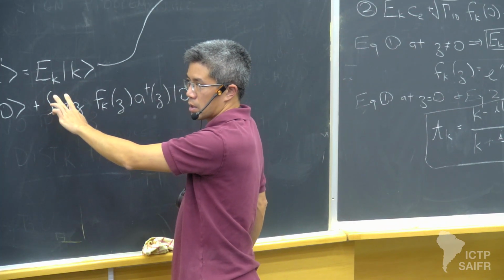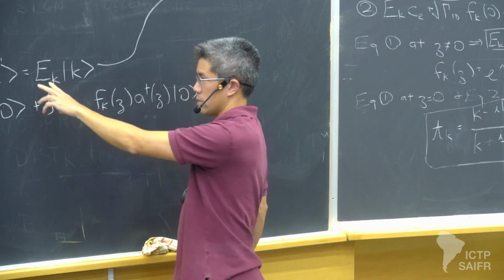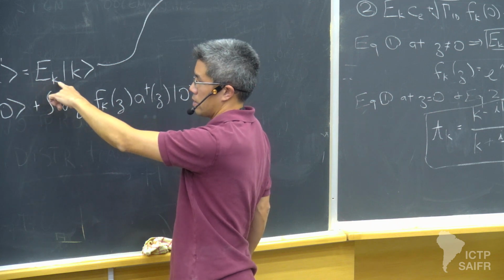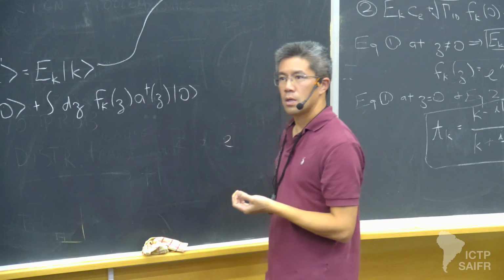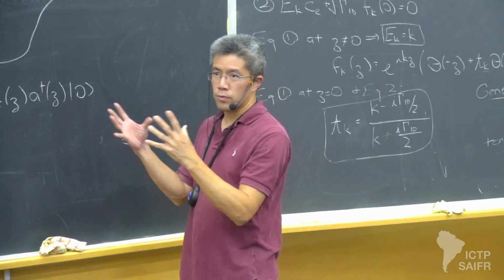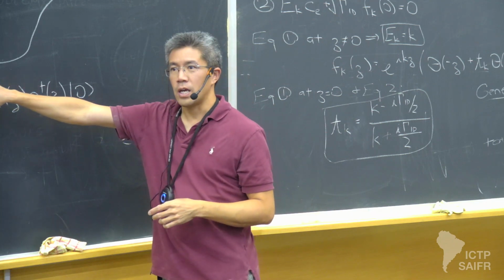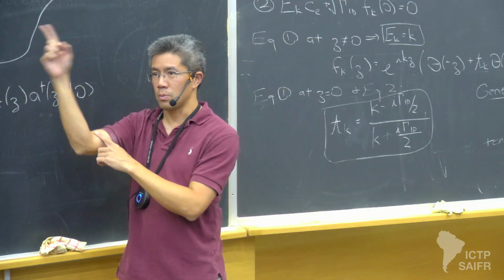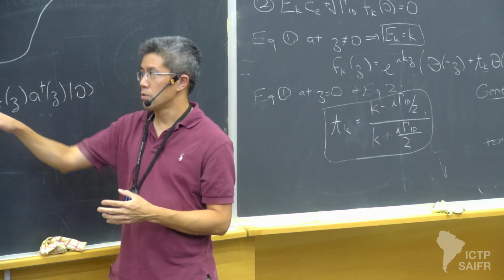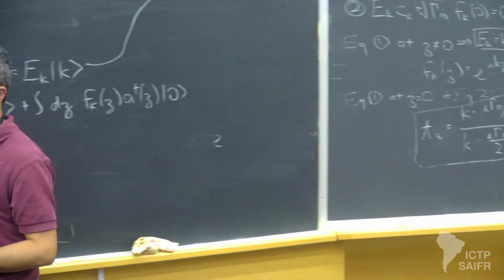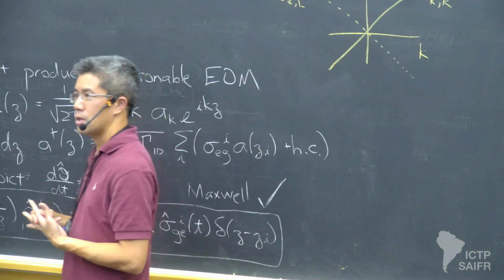Not in the chiral waveguide. For the chiral waveguide, this label of k and the corresponding energy are really distinct. If you have bidirectional or even free space, then that's not true. In free space, for example, the magnitude of k alone sets E of k, so I can have light pointing in any direction, and then I can have degeneracies. But for a chiral waveguide, I have a one-to-one map. I'm not sure if that answers your question.